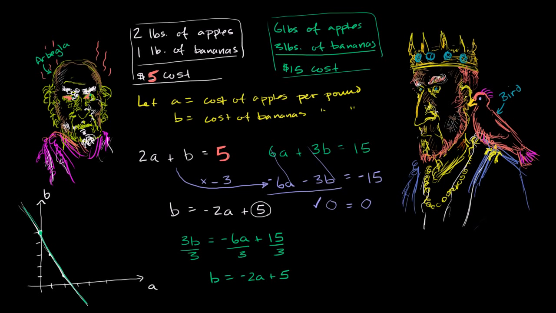And so you start to look at it a little bit confused, and you say, okay, I see why we got 0 equals 0. There's actually an infinite number of solutions. You pick any a, and then the corresponding b could be a solution for either of these. But you start to wonder, why is this happening? And so the bird whispers again into the king's ear, and the king says the bird says this is because in both trips to the market, the same ratio of apples and bananas was bought.